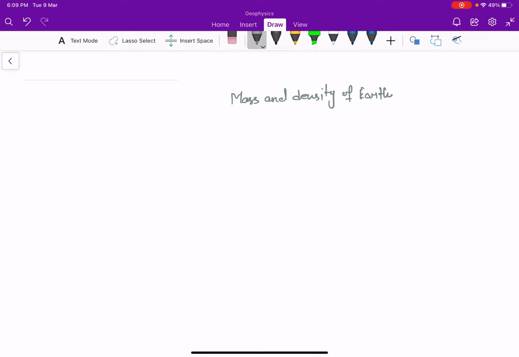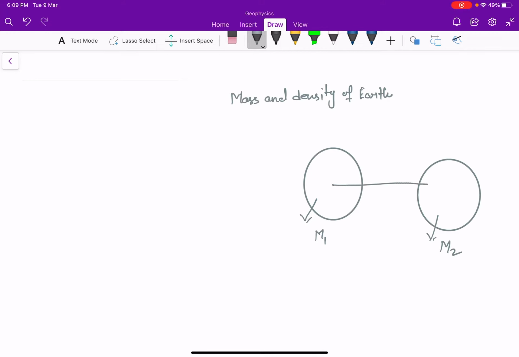So, from Newton's universal law of gravitation, it acts upon two objects. Suppose there are two objects having mass m1 and m2, and the distance between them is r.